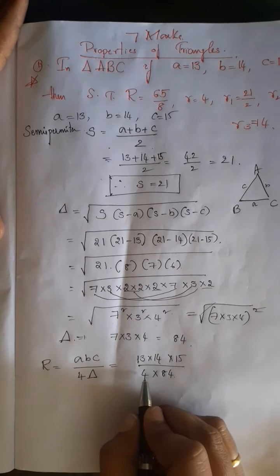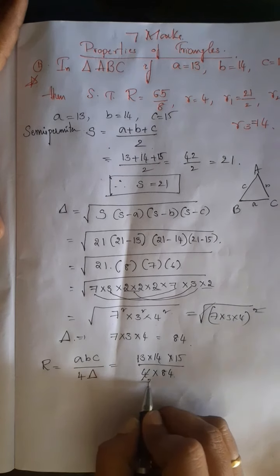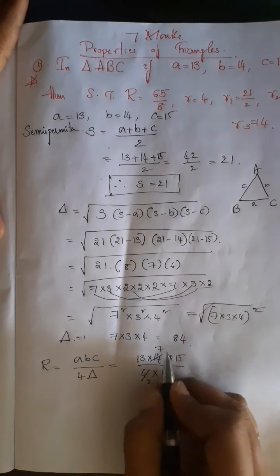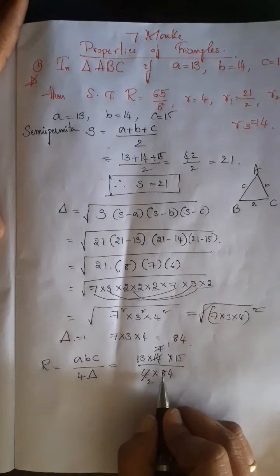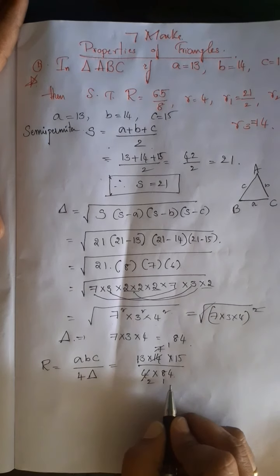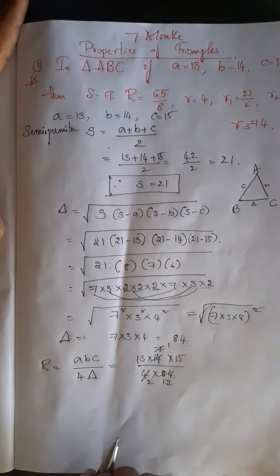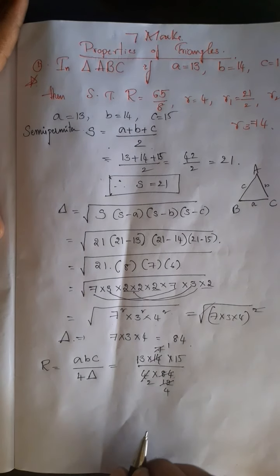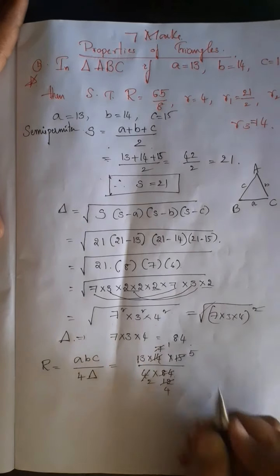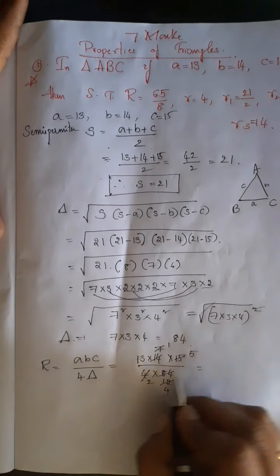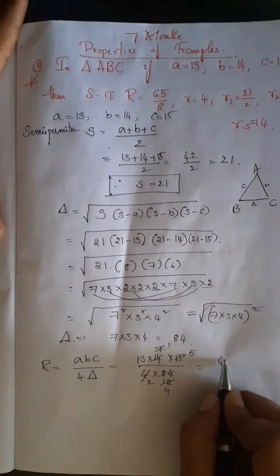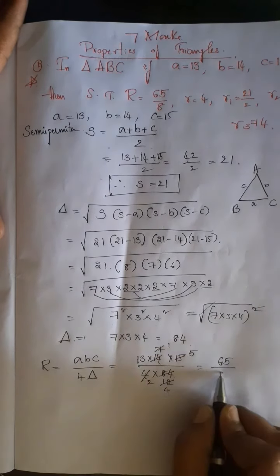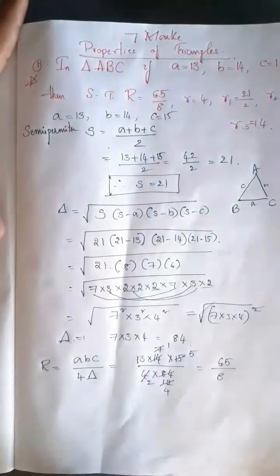If you substitute, 2 2's, 2 7's. Here 7 1's 7, 14 you have, 7 2's 14. Here 3 4's, and here 3 5's also you have. So this will be 13 into 5, 65, and 4 2's 8. So we got the answer 65 by 8.